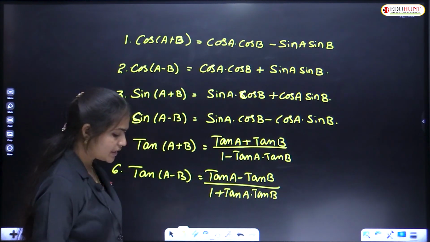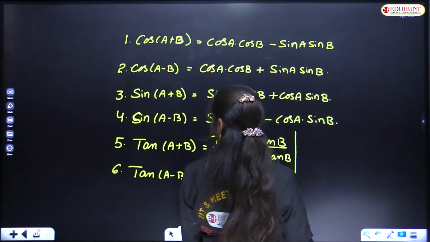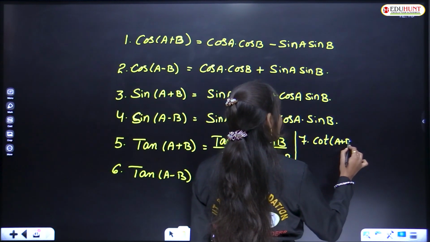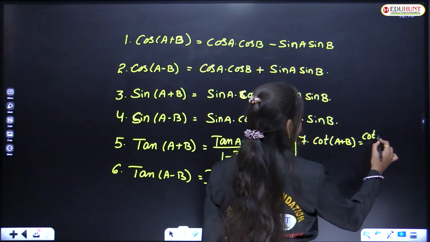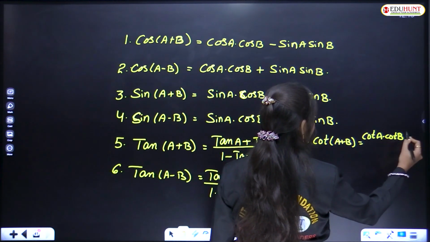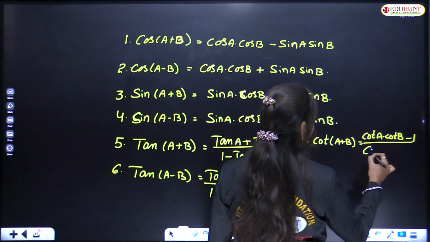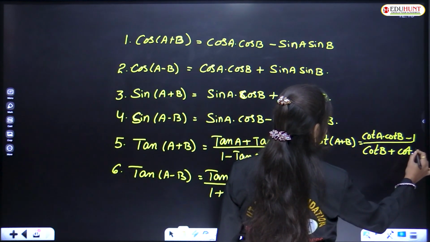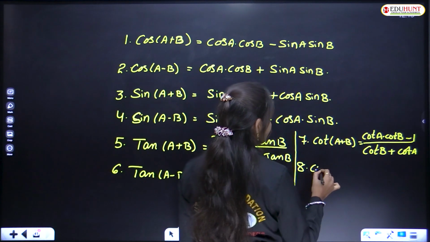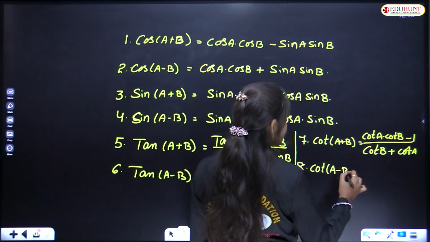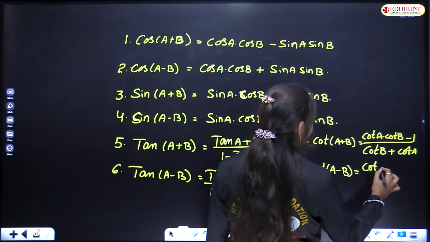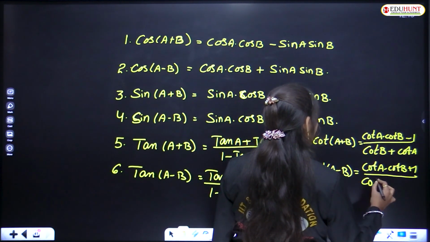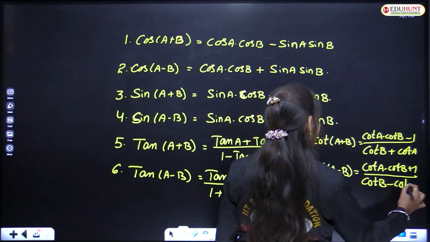After tan, they gave cot. So, I am writing here, cot of A plus B is equal to cot A cot B minus 1 by cot B plus cot A. Next, the eighth one, cot of A minus B is equal to cot A cot B plus 1 by cot B minus cot A.